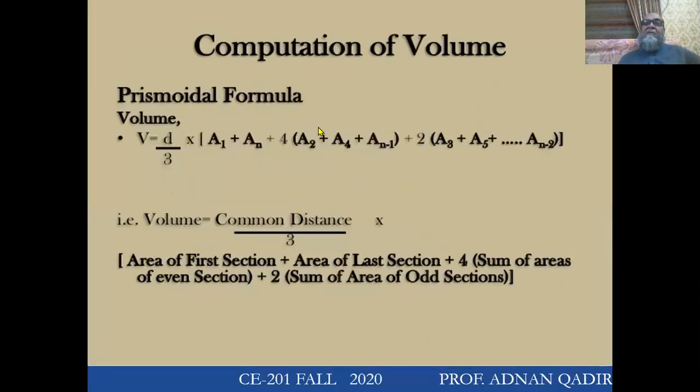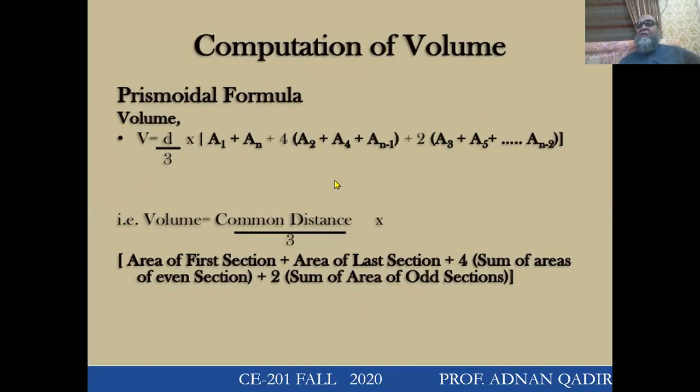The prismoidal volume is different. In the sense, this common distance divided by 3, times the first area and last area, then 4 times the sum of the even areas and 2 times the sum of the odd areas.